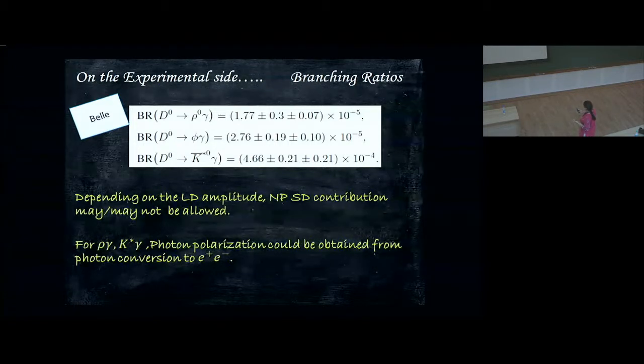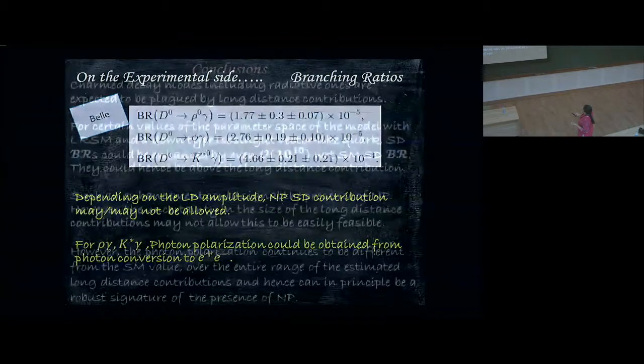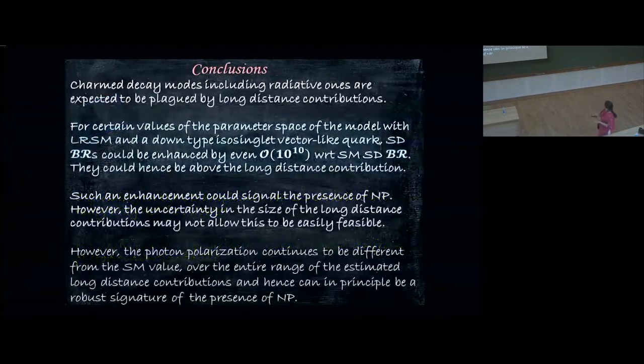On the other hand, as far as the polarization is concerned, that does help. That seems to survive for whatever value of long-distance effects we have. And therefore, I encourage my experimental colleagues to look at the polarization. Thank you.